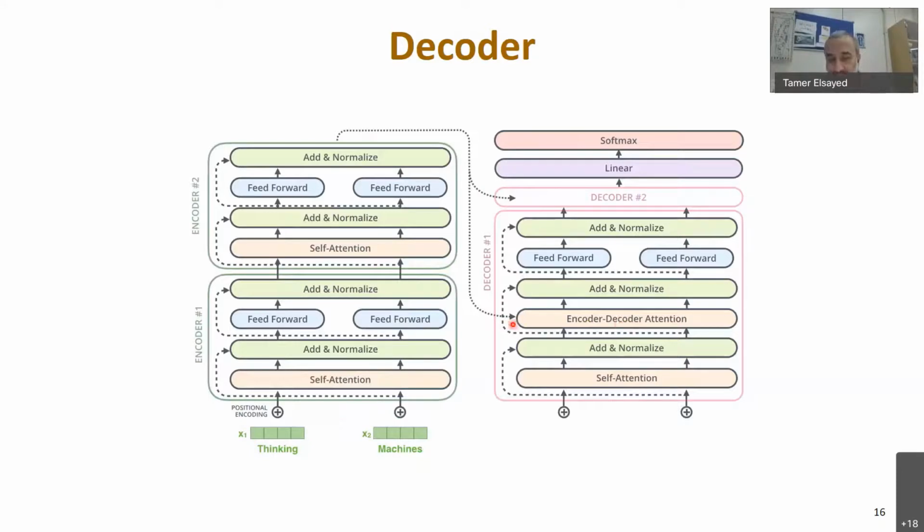You will see here that the input to that sublayer is from, of course, the previous sublayer, which is the self-attention layer, and also the output from the encoder stack, which represents the self-attention within the input sequence. So the job of this sublayer, the encoder-decoder attention, is very similar to self-attention, but instead of looking only into the output sequence or the input sequence, it looks at both.